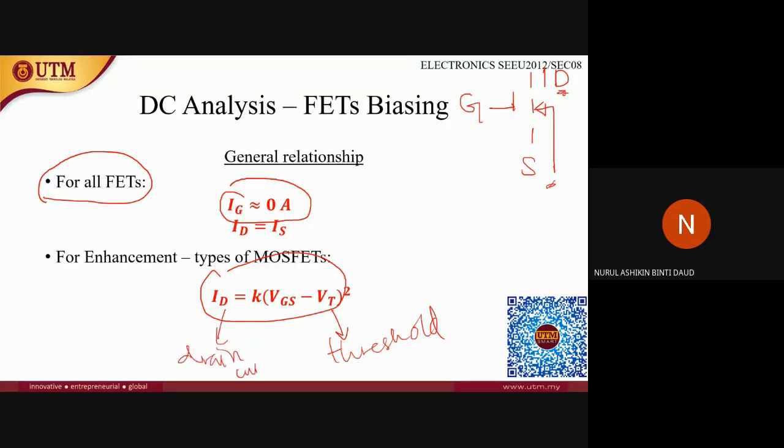K is always constant. No matter what condition VGS is, K is always constant, even when the VGS value is different and the ID value is different.